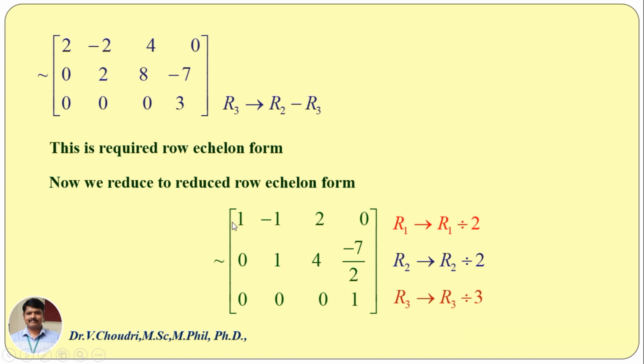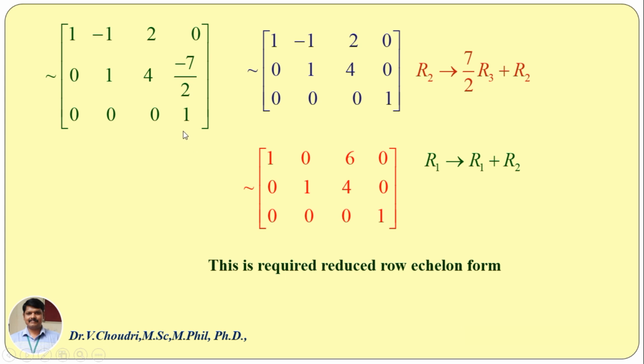See, below these leading diagonal elements all the entries are 0. Now see the last row 1. See this column: above these elements minus 7 by 2 and 0. These elements should be 0 under reduced row echelon form. So using elementary row transformation, I make minus 7 by 2 as 0.